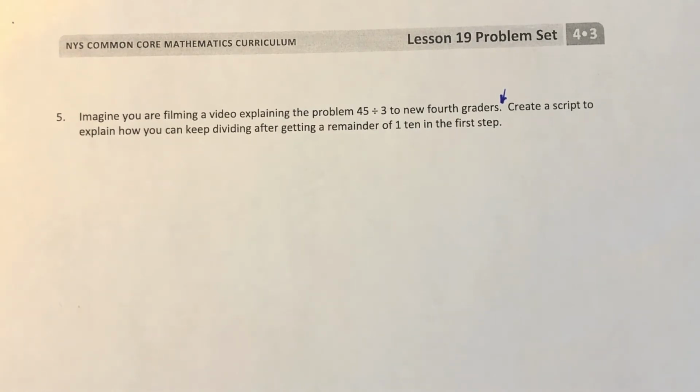Create a script to explain how you can keep dividing after getting a remainder of 1 ten in the first step. Basically, I want you to have a discussion in class with this. Before we do that, let's just do the work right here. Afterwards, teachers, have yourselves a conversation in class about how you would explain this. Maybe you can have a classroom discussion.